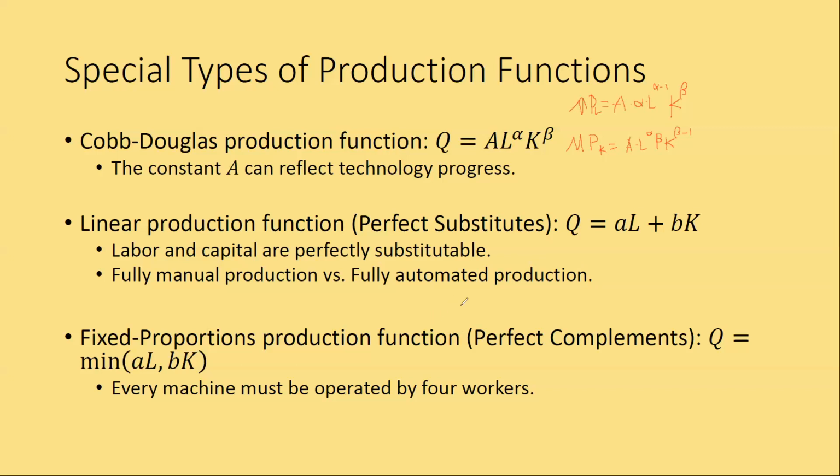An example is that, say, every machine has to be operated by 4 workers. So if you have more than 1 machine per 4 workers, or if you have more than 4 workers per machine, the additional ones are not going to be producing any more units of the good. In this case, the human power and the machines are perfect complements to each other, and it takes the form of Q equals the minimum of A times L and B times K.